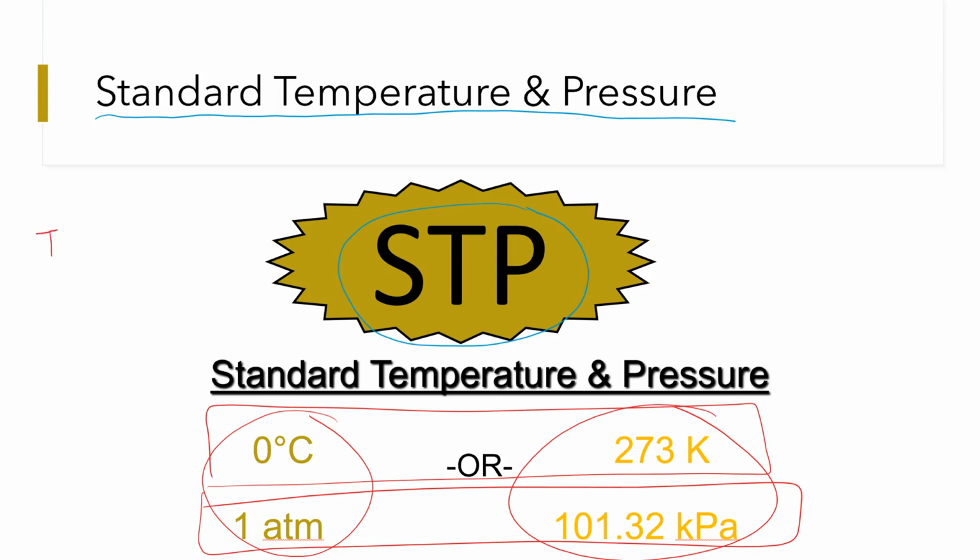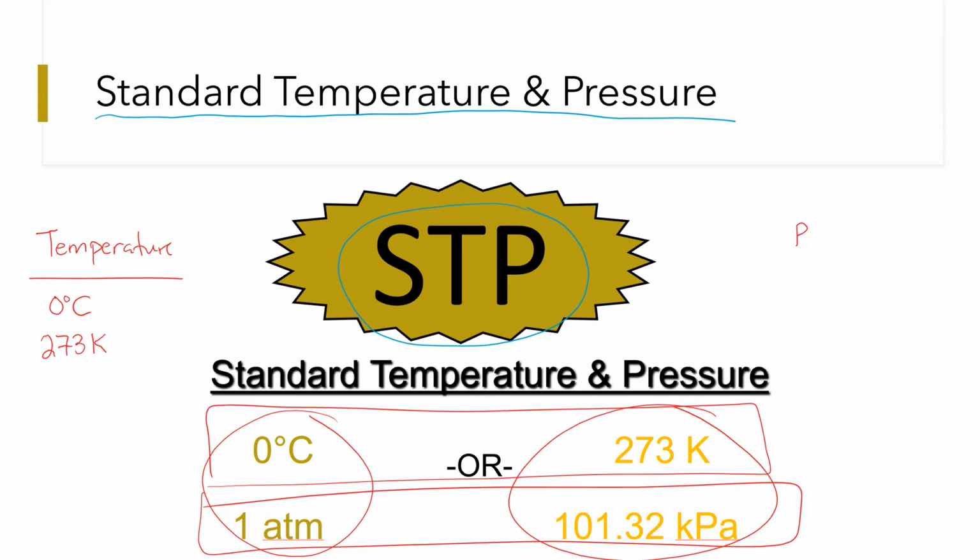0 degrees Celsius or 273 Kelvin. So for standard temperature, I want you to note that it is 0 degrees Celsius or 273 Kelvin.